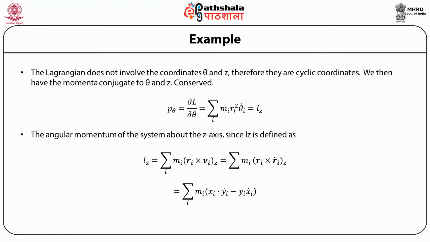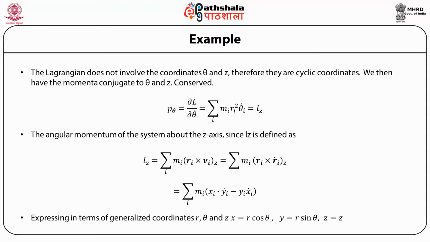And when we express this, we can express x, y, and z in terms of generalized coordinates r, theta, and z. Namely, x = r cos theta, y = r sin theta, z = z. Therefore, L_z can be immediately seen to be equal to Σ m_i r_i² θ̇_i.